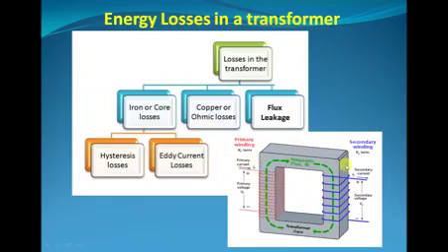This process happens repeatedly, so some amount of energy is lost in the form of heat energy. These losses are called hysteresis loss. They are minimized by using steel of high silicon content to make the transformer core.